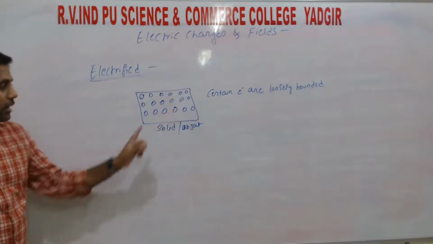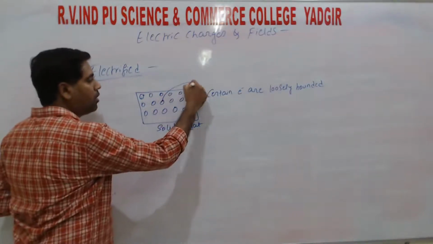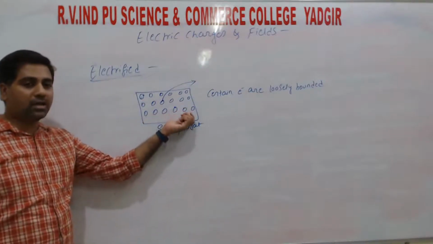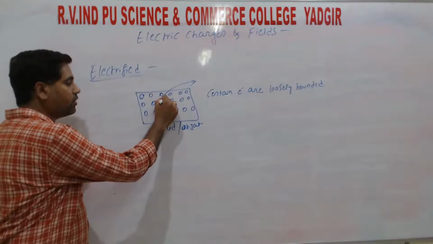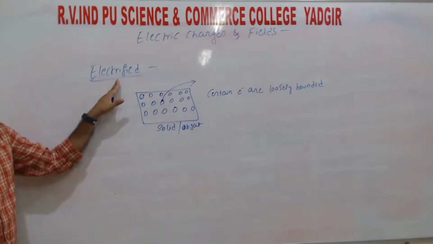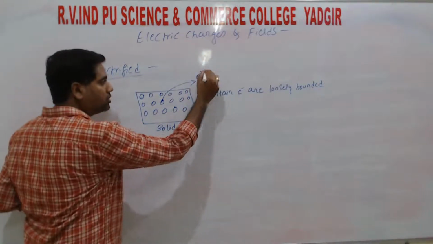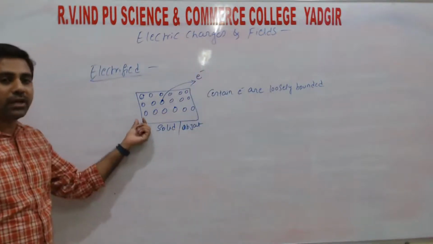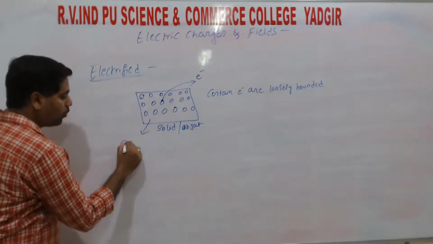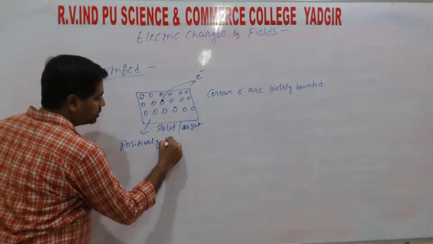These electrons easily move away, that is, outside. When the object is rubbed with another object, these are responsible for getting charges, that means getting electrified, right? So if any object loses its electrons, then that object is positively charged.